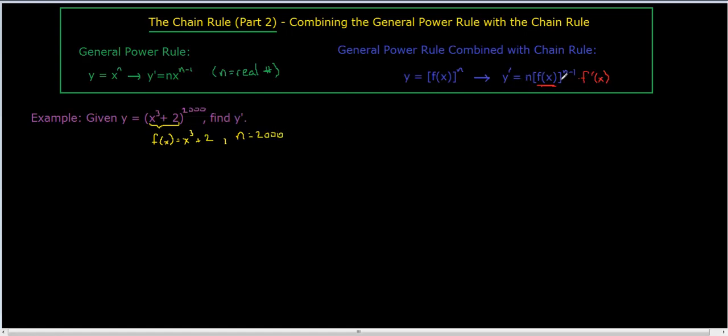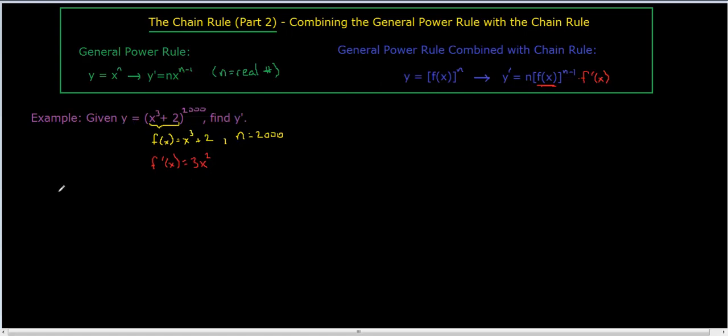So in this formula, f of x is equal to x cubed plus 2, and n is equal to 2000. We're going to need the derivative. So let's take the derivative of f. F prime is equal to 3x to the second power plus the derivative of 2, which is 0.